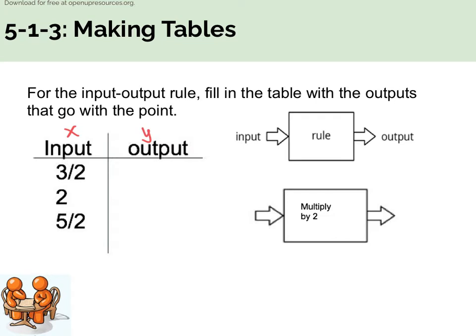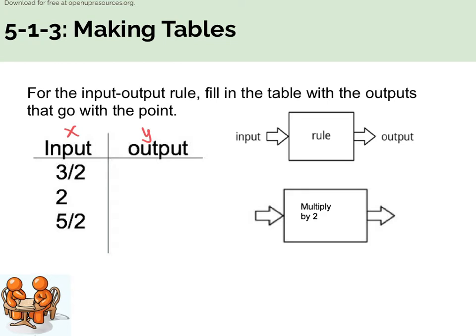We've been doing this for a while. I have an input, which is also our x. We put it into something that happens, and then we get an output, which is our y. Here is our rule box, remember? And our rule is going to be multiply by 2. So really, what is it asking?